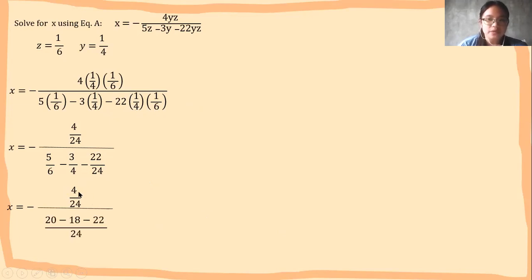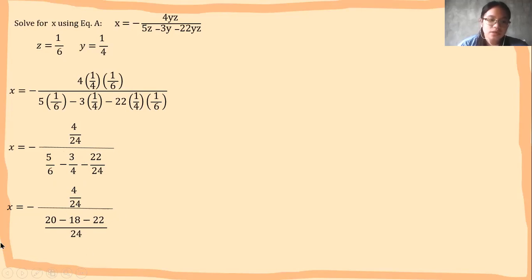Since they have the same denominator, let's just copy the 22. So we have negative 22. Then 24 divided by 6, we have 4. Then times the numerator, which is 5, we have 20. 24 divided by 4, we have 6 times negative 3, we have negative 18.